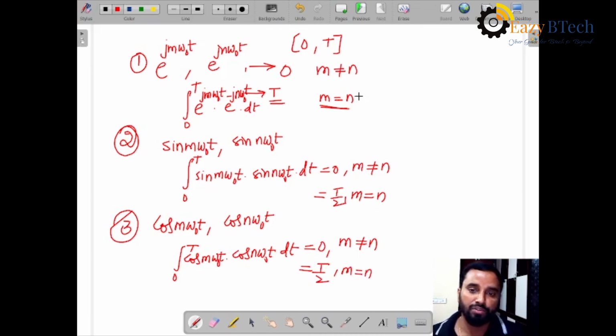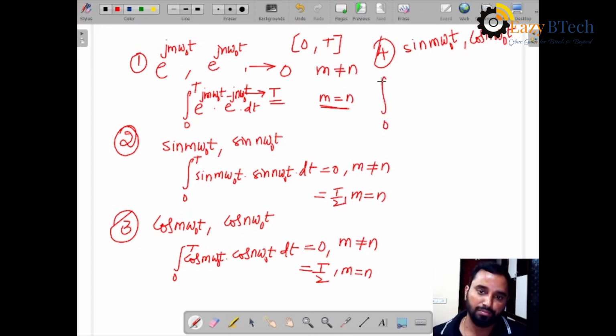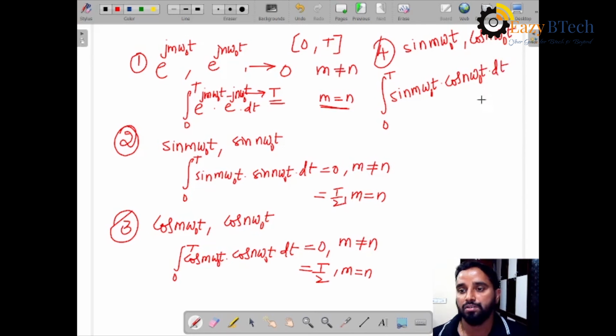And the last one, the fourth one, sine and cos, like sin m omega naught t and cos n omega naught t. The integral from 0 to T of sin m omega naught t cos n omega naught t dt is equal to 0 for all m and n.